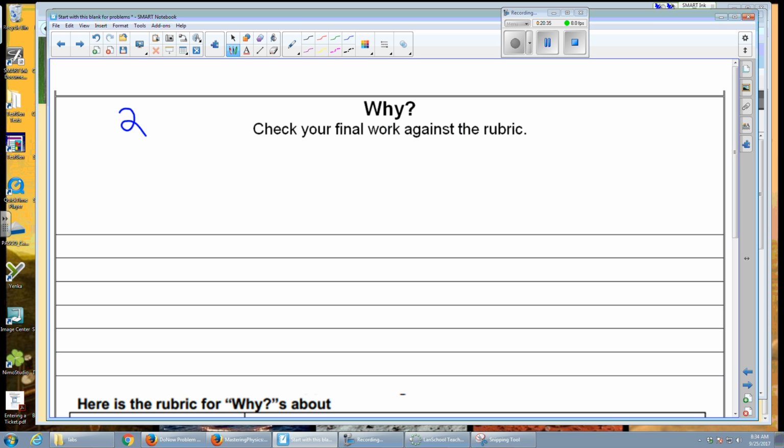I should probably show I understand the terms. Distance is how far something has traveled, and by far, I mean length of path.